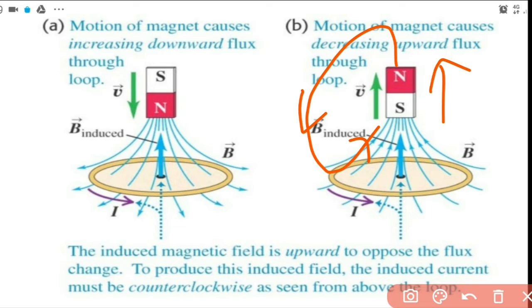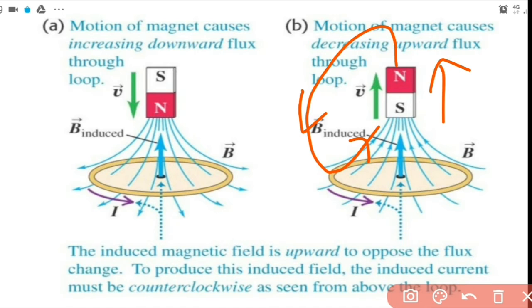Or in other words, when we speak in terms of polarity, since the south is receding away, that means the bar magnet is taken away. So the field due to the induced current in the wire loop should attract that south.